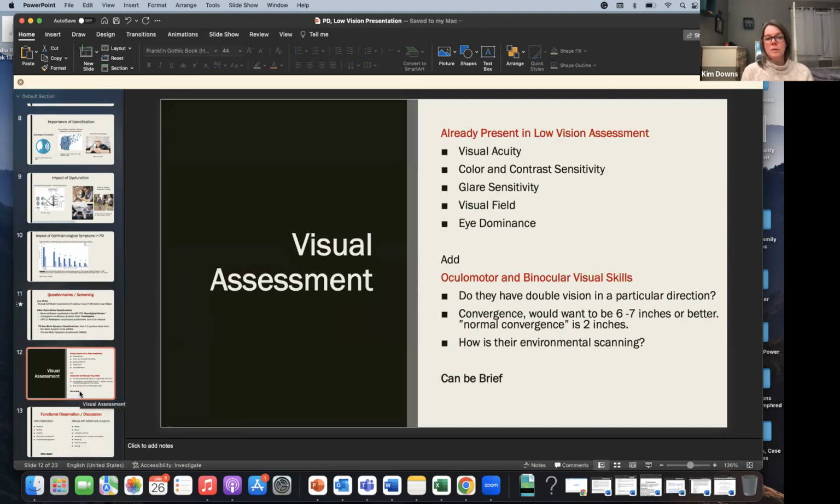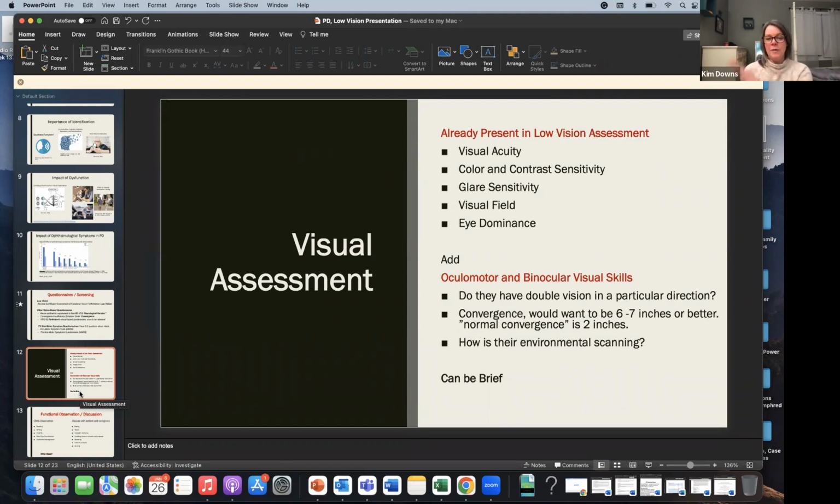So during the visual assessment in low vision, we look at visual acuity, color and contrast, glare sensitivity, visual field, and eye dominance. But if we come across a patient with Parkinson's disease, I know there's a lot to do in that assessment, or maybe you look at this in a follow-up visit, try to do a quick screening for convergence and binocular vision skills, or eye teaming.